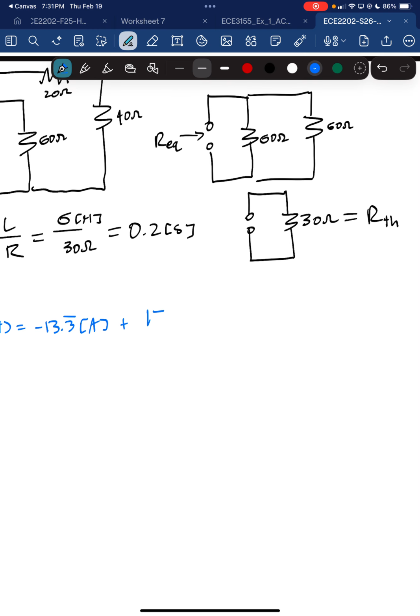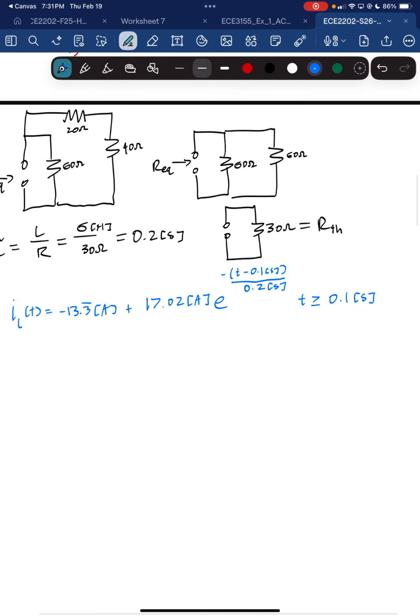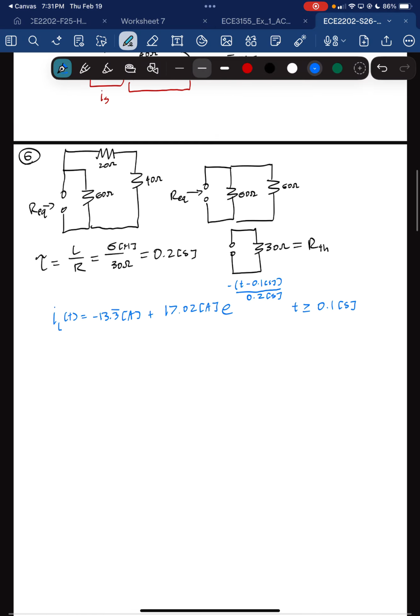That gives us 17.02 amps, times e to the power of negative (t minus 0.1) over our time constant, 0.2 seconds. And that is our second equation for IL of t for t greater than or equal to 0.1.